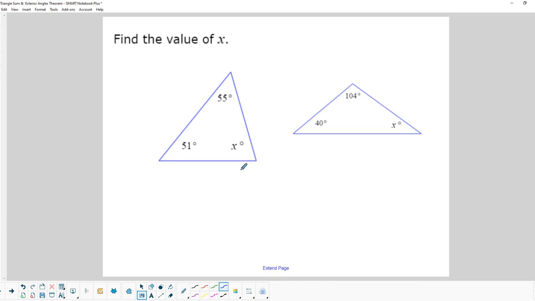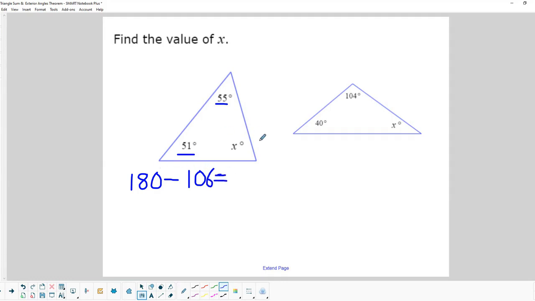So if we look at a couple of examples, all we need to do to find our missing angle is just take 180 degrees and subtract off the two known angles. So 55 plus 51 is 106 degrees.